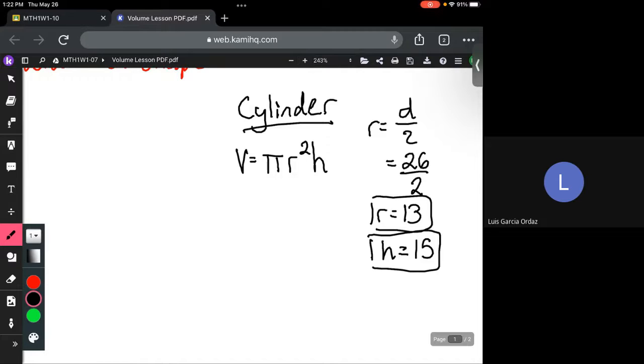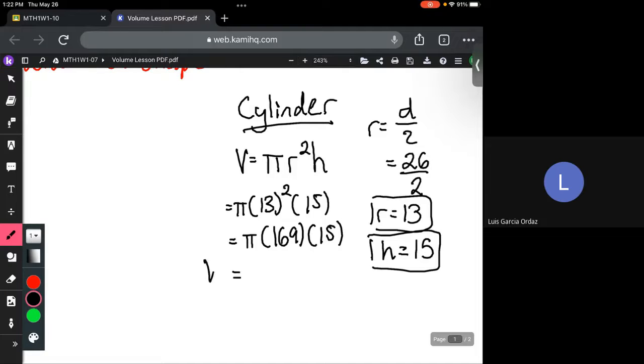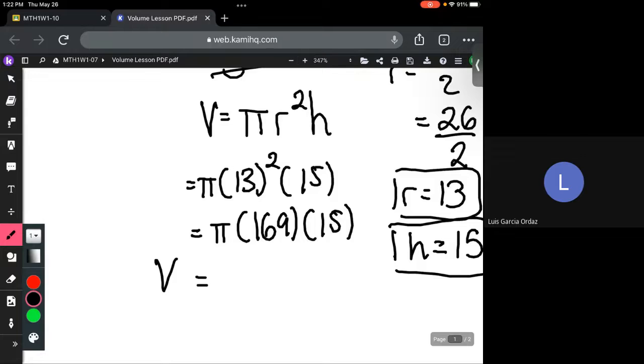So I'm going to do pi times the radius squared, which is 13 squared, times the height, which is 15. So 13 squared is 169 times 15. I want you guys to calculate this and round it to the nearest tenth. So pi times 169 times 15. Use a calculator.